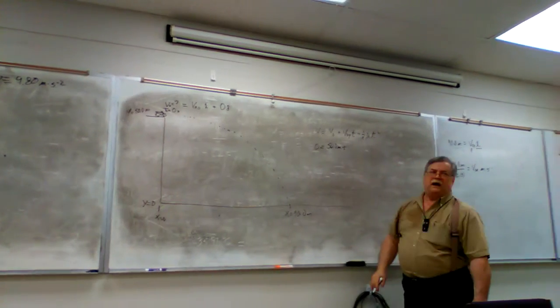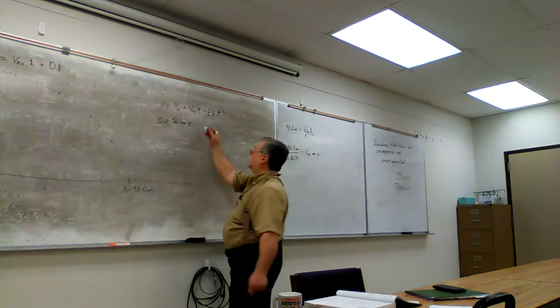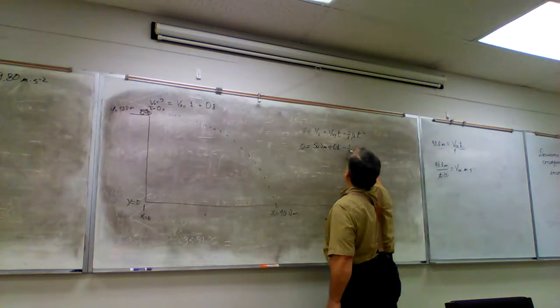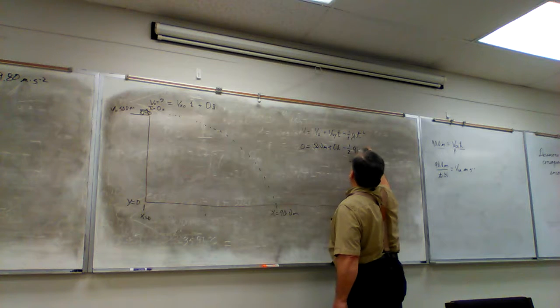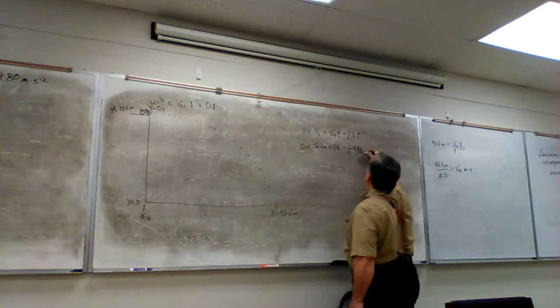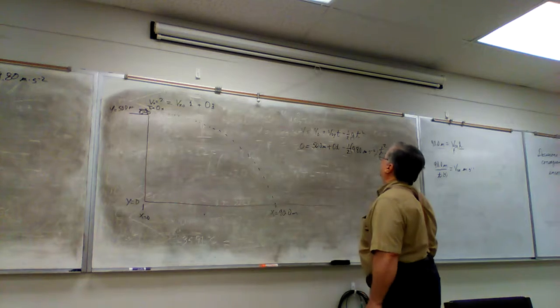What's its initial y velocity? Initial y velocity is 0. g is minus 9.80 meters per second squared times time squared.